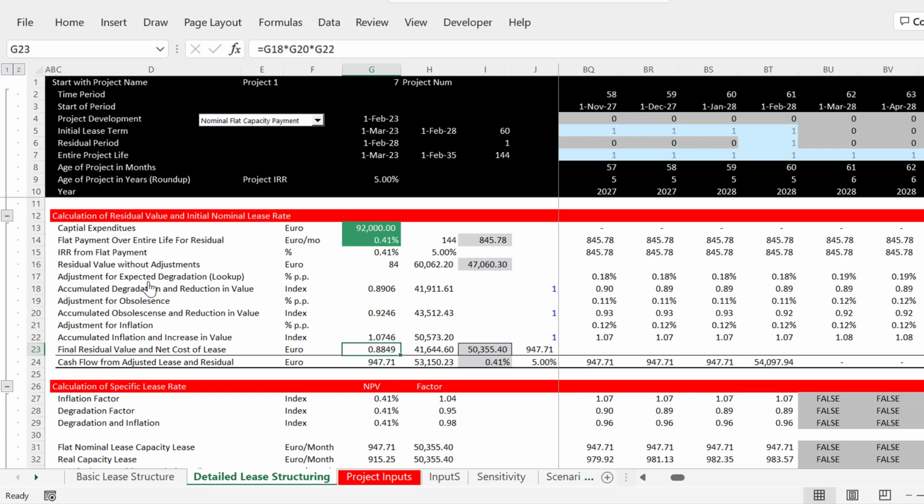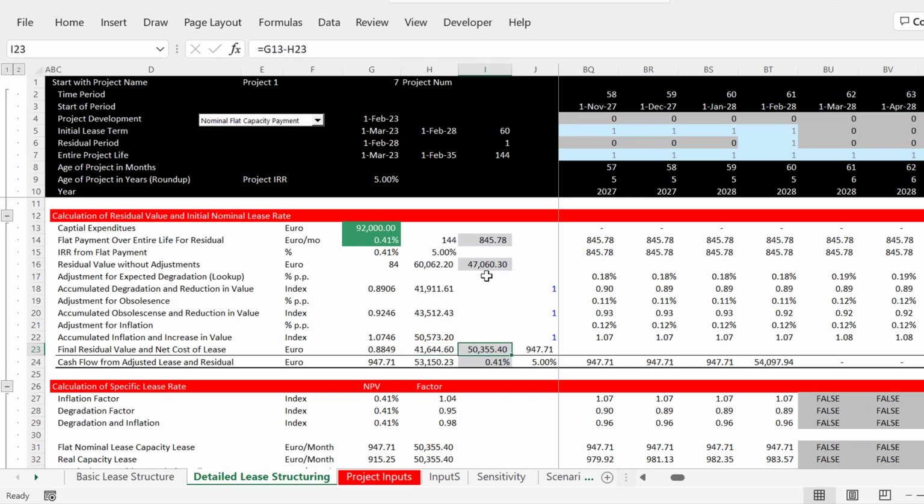And then we finally accumulate all these things just by multiplying them together. These are all our factors, and we take this amount that we started with, and we get the reduction. So our residual value, if we didn't have any of those factors that reduced it, would be this, but we get a lower amount.